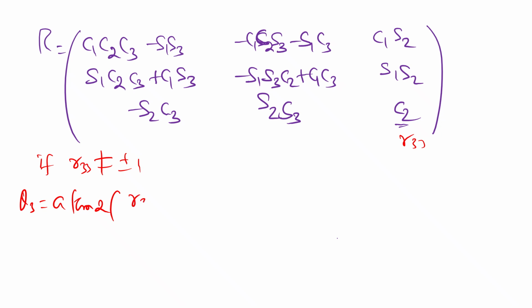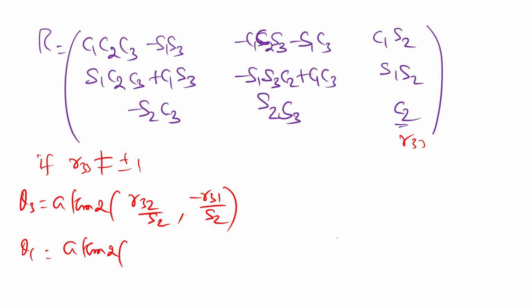So R32 divided by S2, comma, and then for C3, minus R31 divided by S2. Okay. So this is my theta 3. Then theta 1 is, how did you get theta 1?